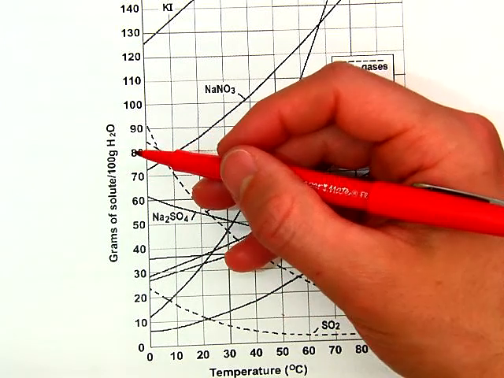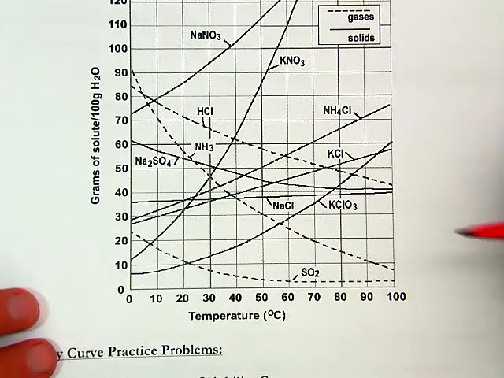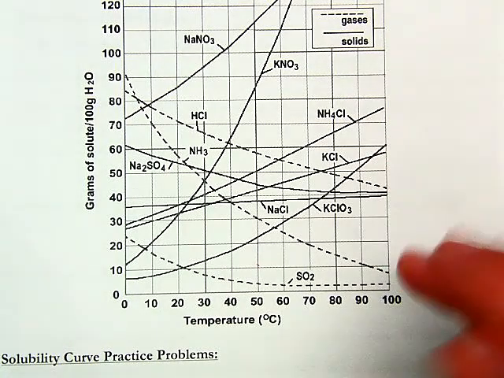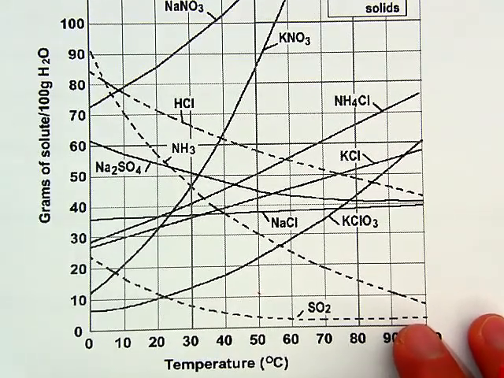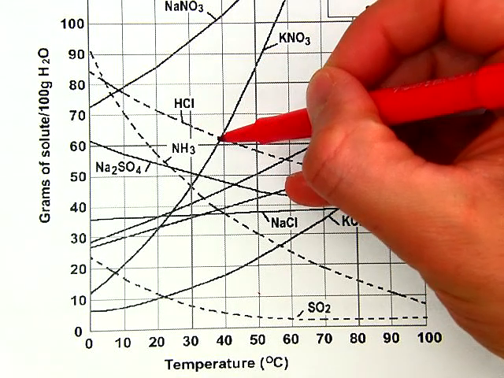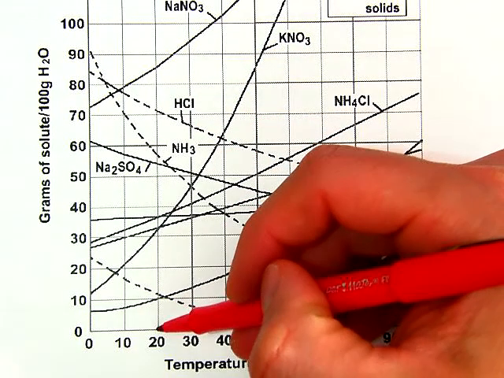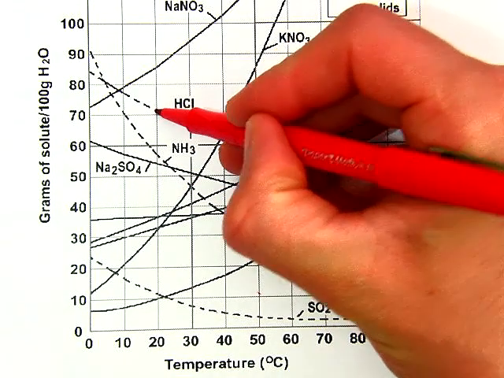So they're asking about HCl at 20 degrees. So if we look on here and we find HCl at 20 degrees, this is the line for HCl. Here's 20 degrees. So if I go up until I hit this point right there.